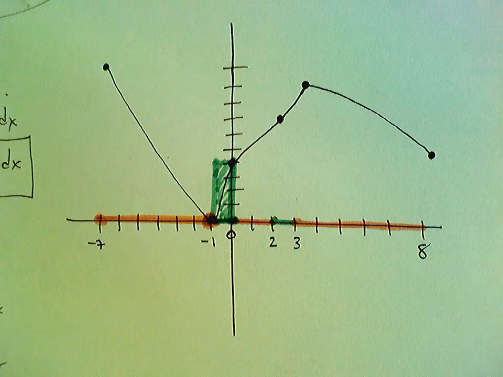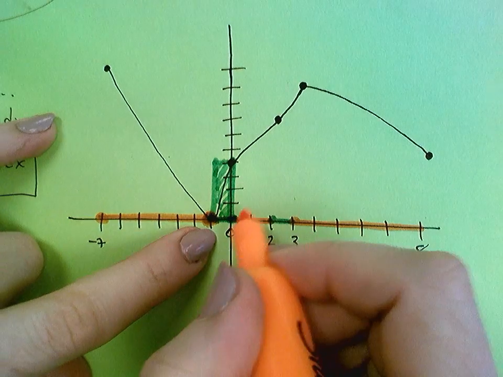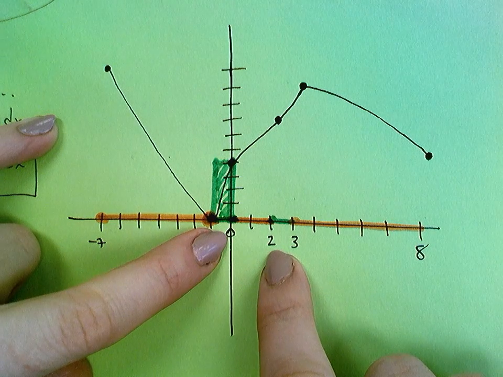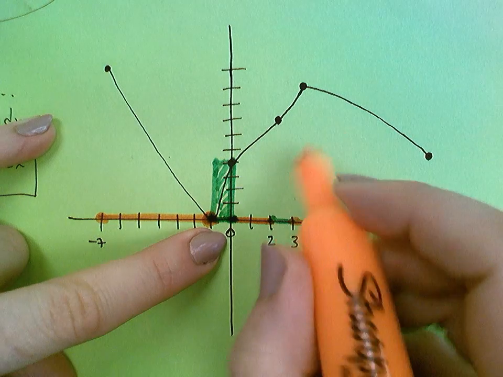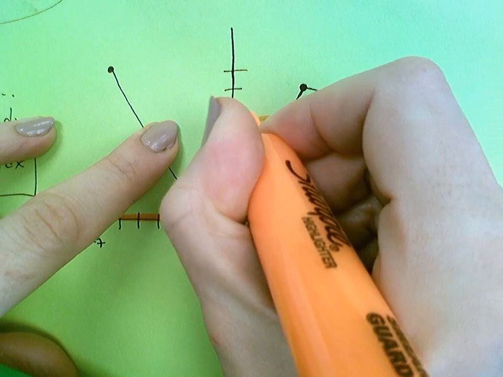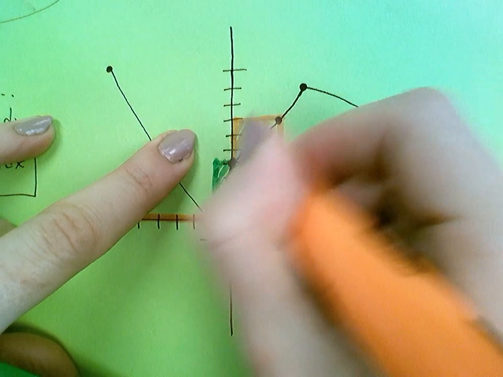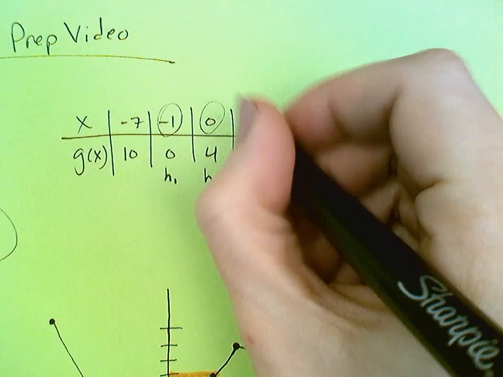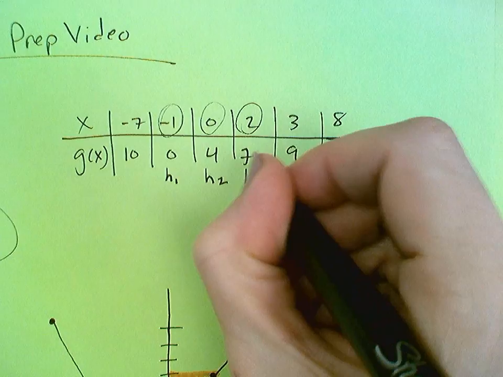Third rectangle, there's the base from 0 to 2, left endpoint, right endpoint. So I go from the right endpoint up to the graph.